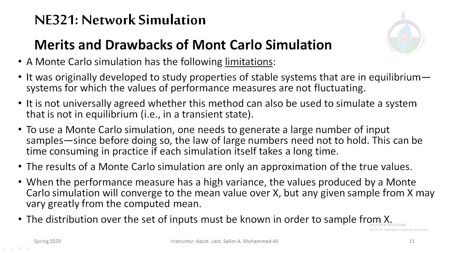When we have very high variance, it is difficult to find the mean, because Monte Carlo simulation computes the aggregate, the average value. With samples with high variance, it is difficult to get the exact mean value unless you use a very large number of samples to reach your computed mean.